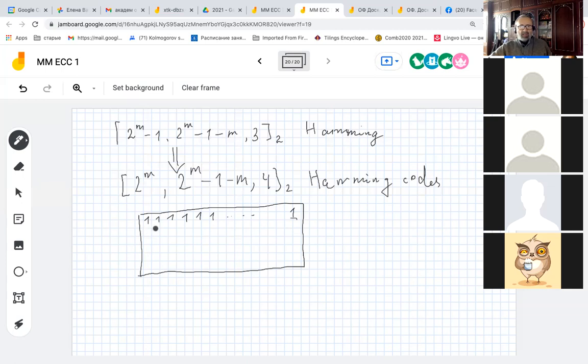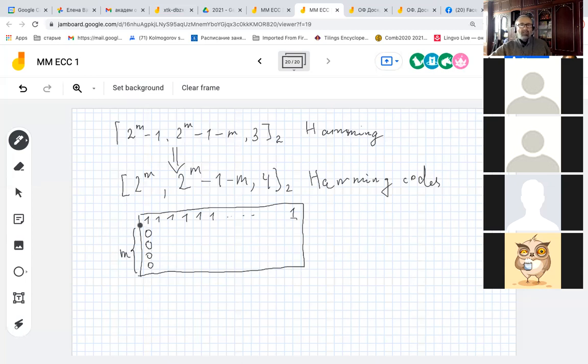And the remaining part of the matrix is just the parity check matrix of the normal Hamming codes. In other words, the first column consists of only zeros, and all the remaining columns are all non-zero vectors of height m. So this is m. So the total height is m plus 1.